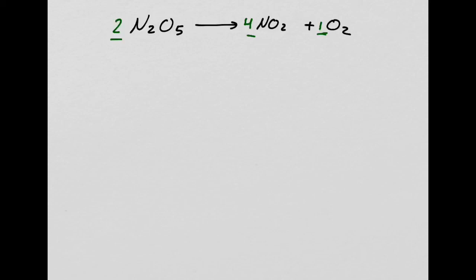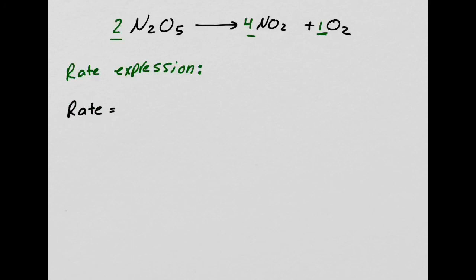Okay. Now, I'm going to write a rate expression for this. So the mole ratios matter. They're always going to come back. Now, let's talk about this rate expression. I'm going to say rate equals.